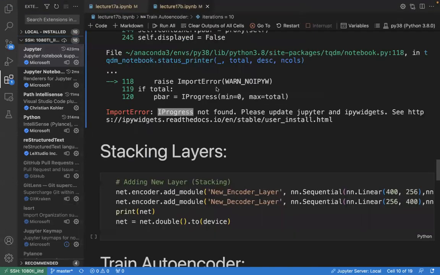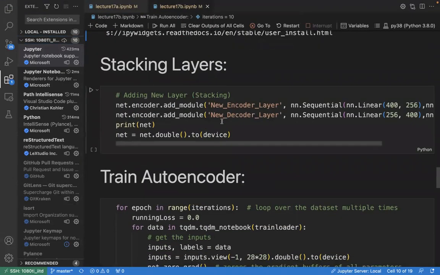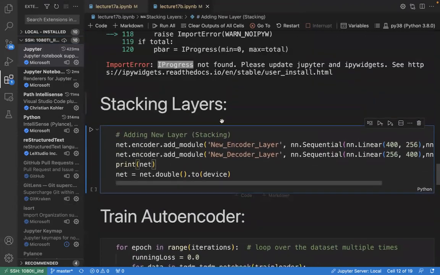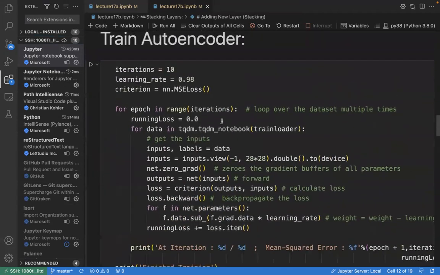Let me stop running this. It will be very similar to the first one, but this TQDM is creating the problem.